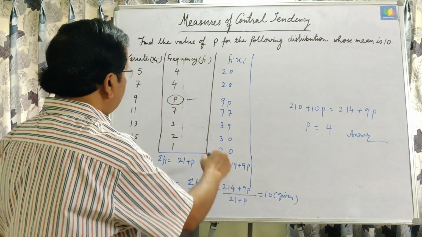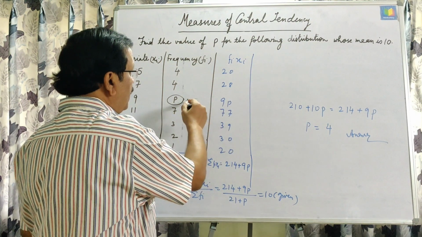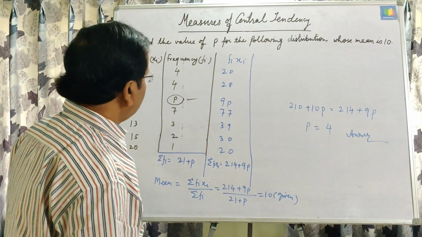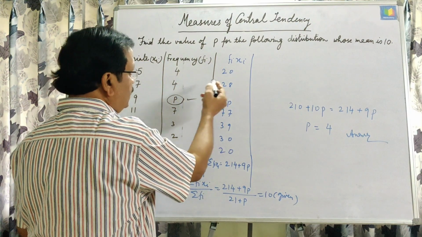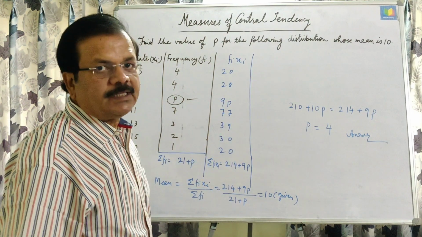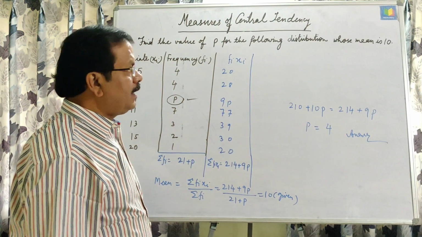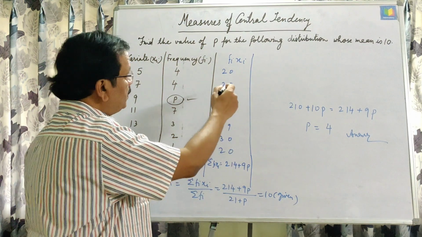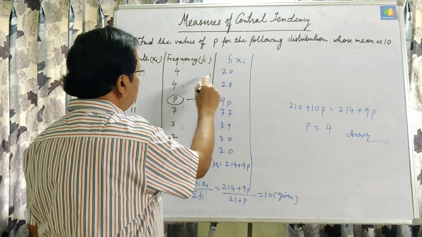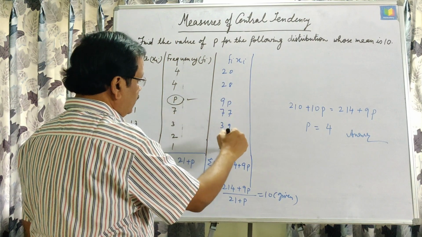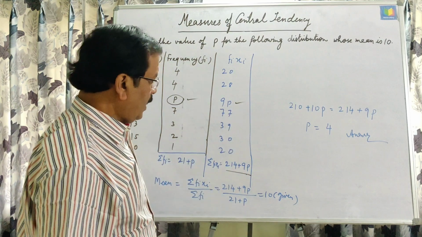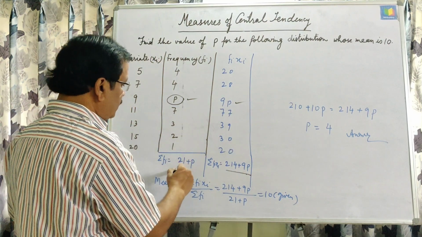With the help of this we have to find the value of P. Now how can we find it? Since we are not told which method to apply, we can apply any method. In this question I am applying the direct method, simply multiplying, and we are getting the value 214 plus 9P. And here 21 plus P.